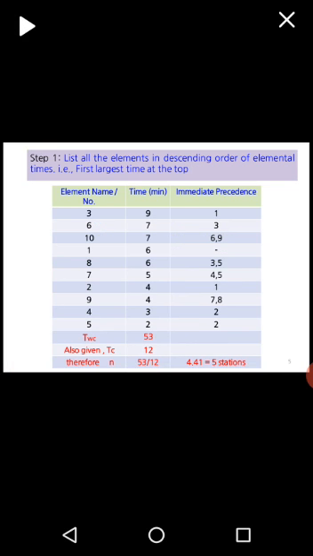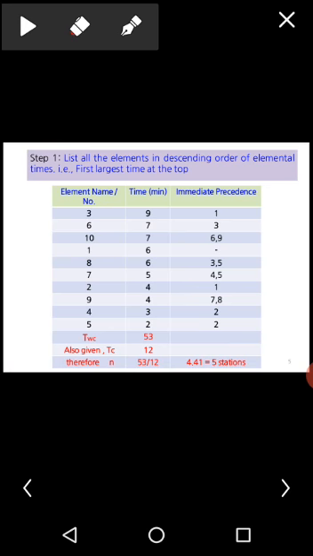And for 6 minutes we have two elements, that is 1 comma 8. So first we can take 1. For element 1 we have 6 minutes, its precedence is dash. Dash means there is no precedence for element 1.